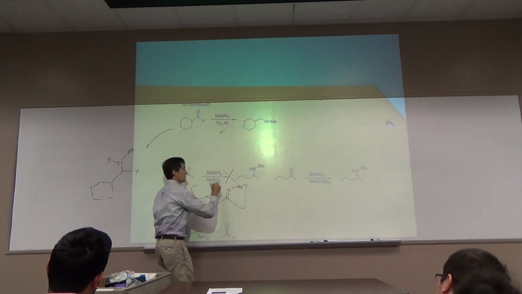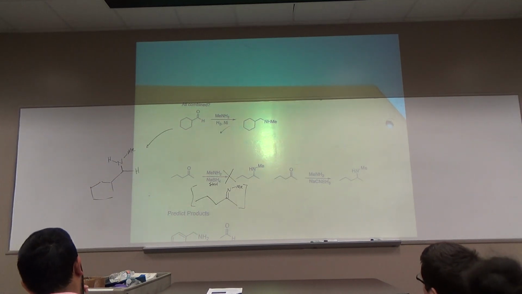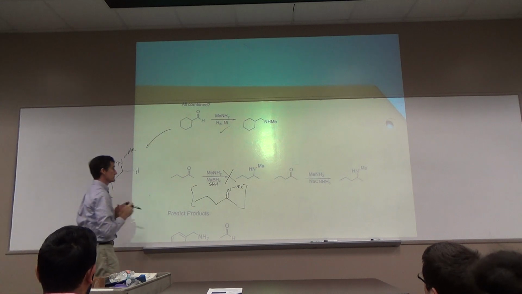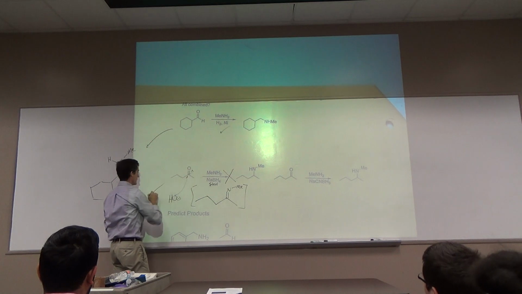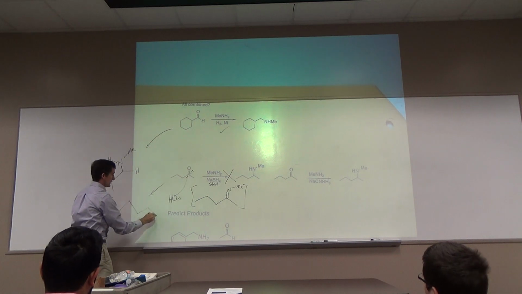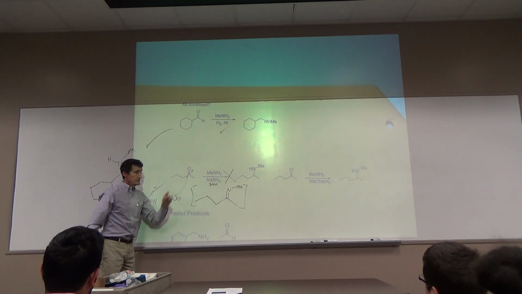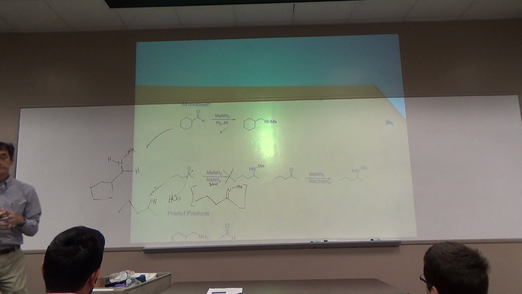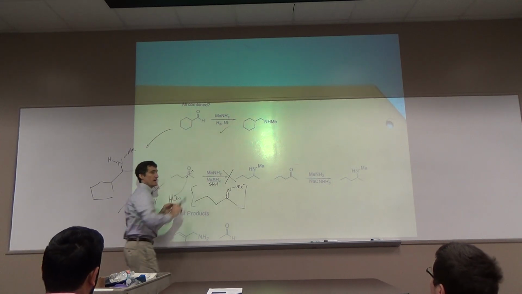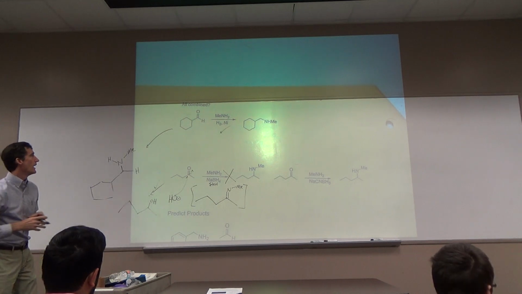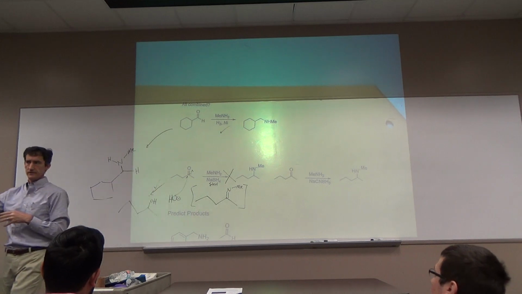Problem is this does not work. The one above works, this one does not. Why does this combination not work? Borohydride is going to reduce your ketone. Up here, hydrogen does not react with aldehydes or ketones unless this was aromatic, sort of benzylic.